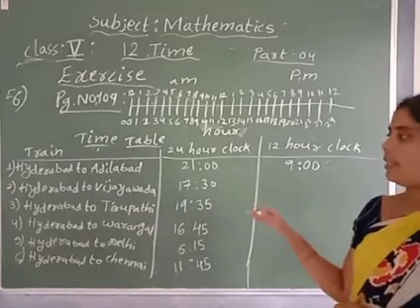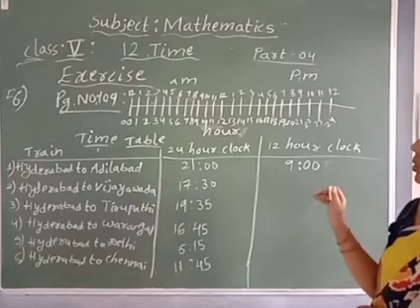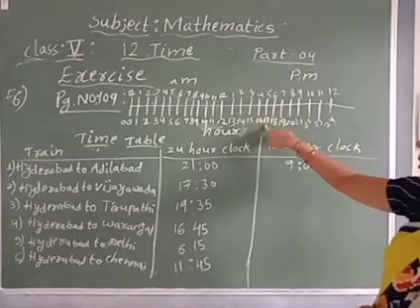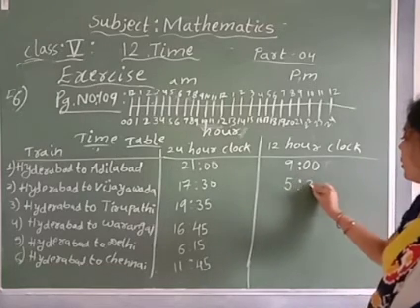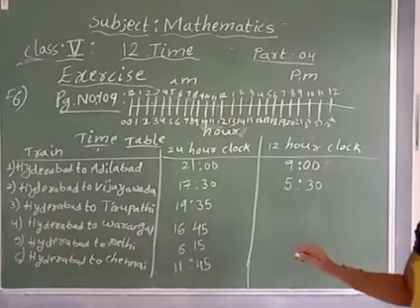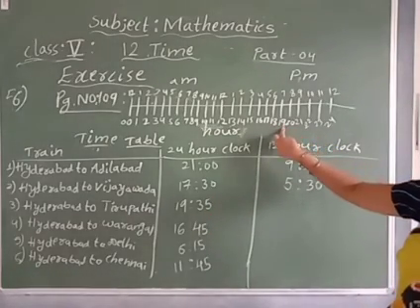Second one, Hyderabad to Vijayawada, 17 hours 30 minutes. Having 17, see here, it is 5 hours 30 minutes. Next one, 19:35. Where is 19? Here.